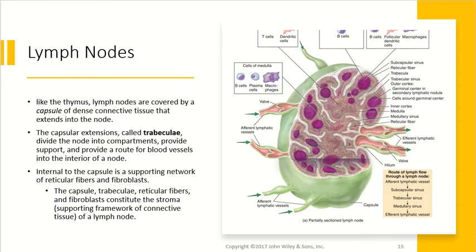Internal to that capsule is going to be a supporting network of reticular fibers as well as some fibroblasts. The capsules, trabeculae, reticular fibers, and fibroblasts are all going to constitute the stroma. That is, it's the supporting framework of connective tissue that makes up this lymph node.